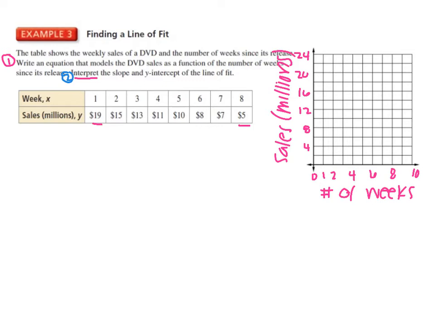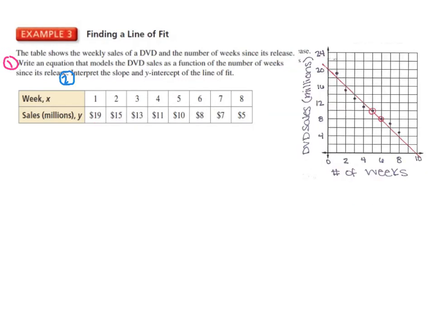So again, take the time to plot all those points for me. Pause the video and plot those points on our graph. So then I went ahead and plotted those points. The next step after we plot the points is decide, can that data be modeled by a line?